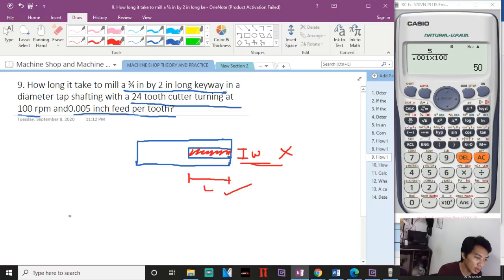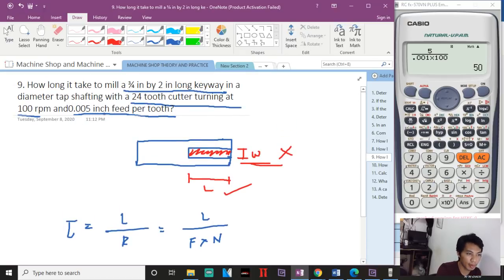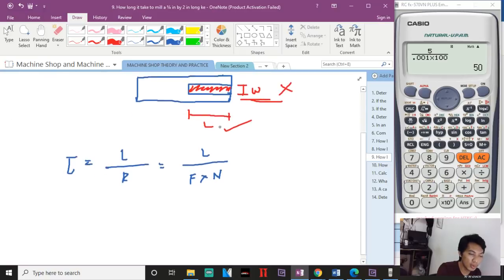Always remember this. Time is equal to the length of the feed over the rate of the cut. The rate of the cut is the feed times the rotating speed. So what is the length? It is 2 inches long.